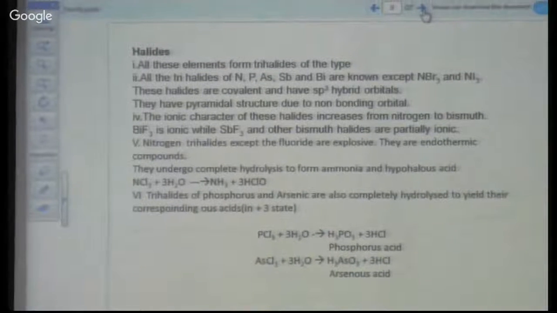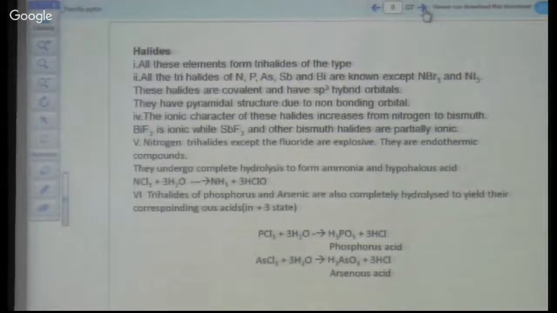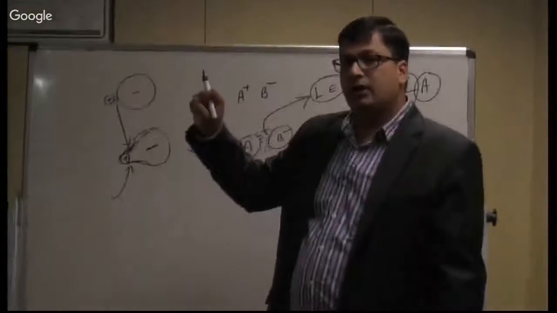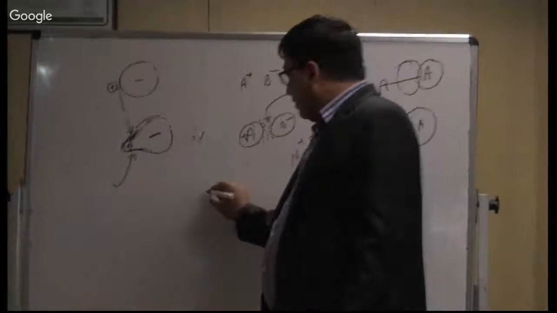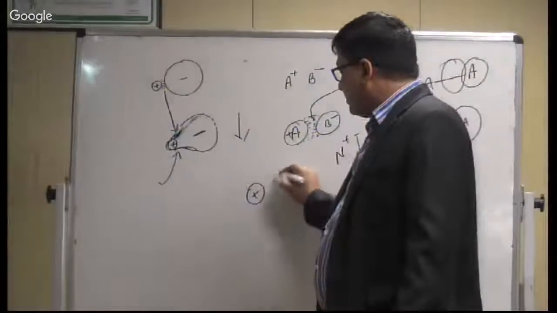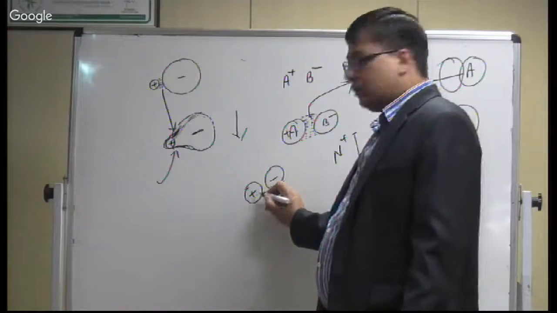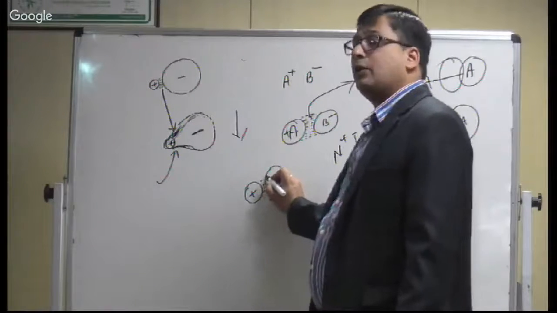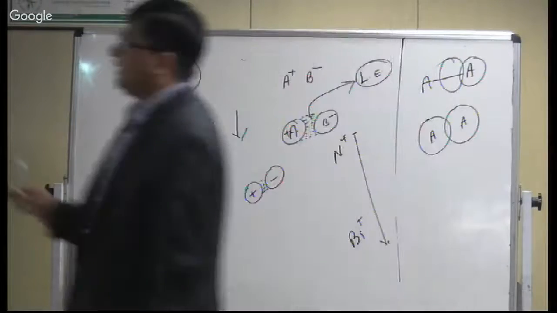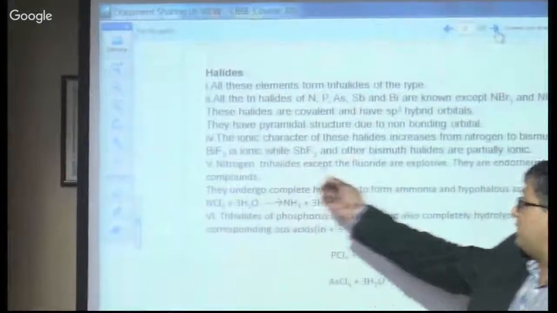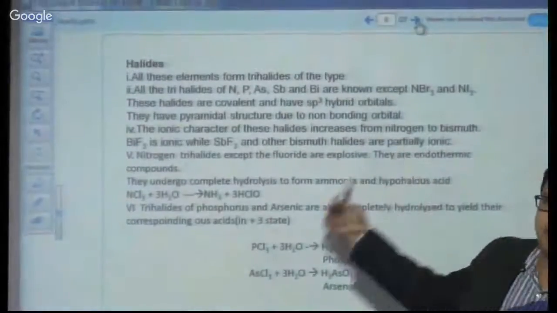If the size of the cation increases, the polarization capacity decreases. If the polarization capacity decreases, it is unable to attract the electron from the negative ion. Therefore, this cation, being larger in size, is unable to attract the electron, so it forms a strong ionic bond. That's why we have written that BiF3 is ionic while the rest are partially ionic.